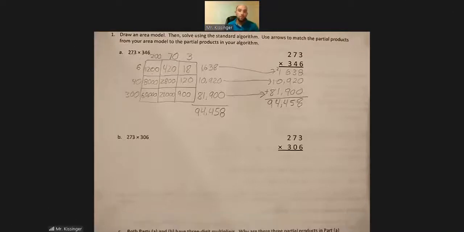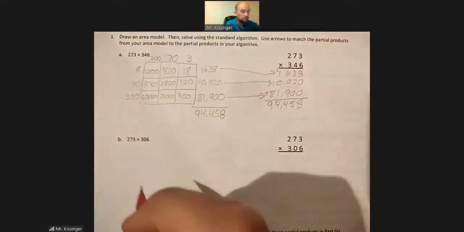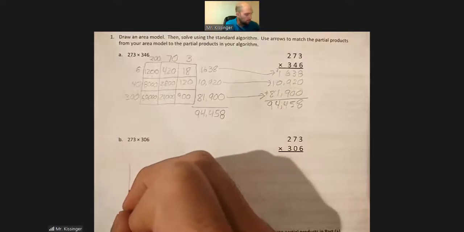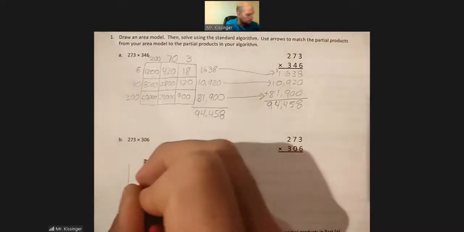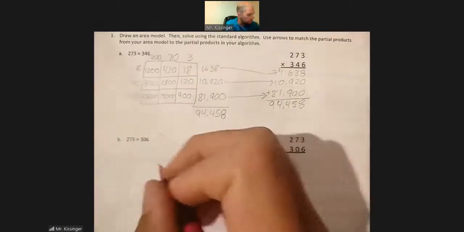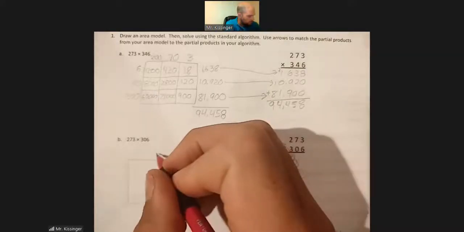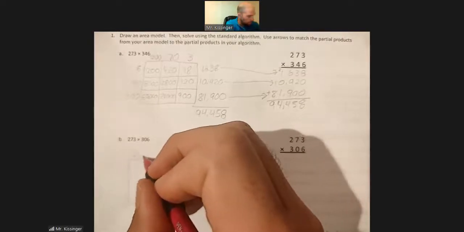All right, let's try one more because this one's going to be a little bit different. This one's 273 times 306. We're going to make our rectangle here. And across the top, we will have 70 and 200.